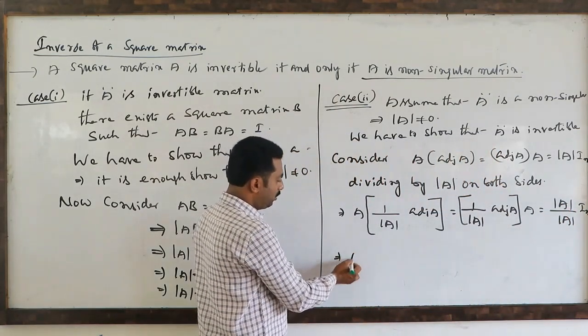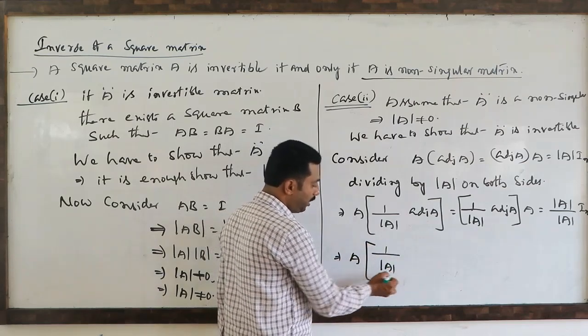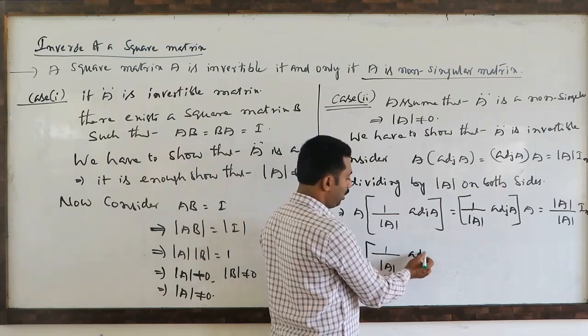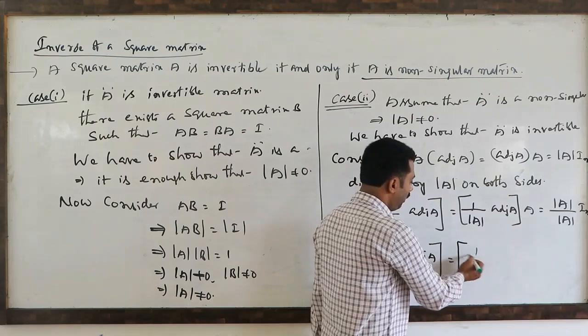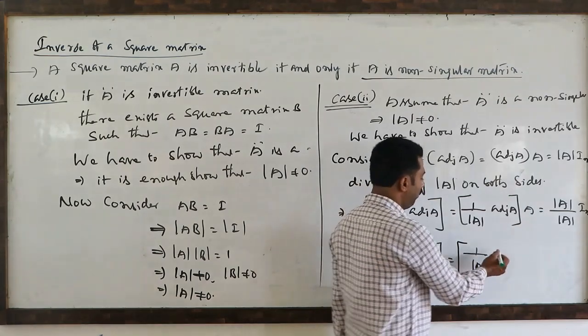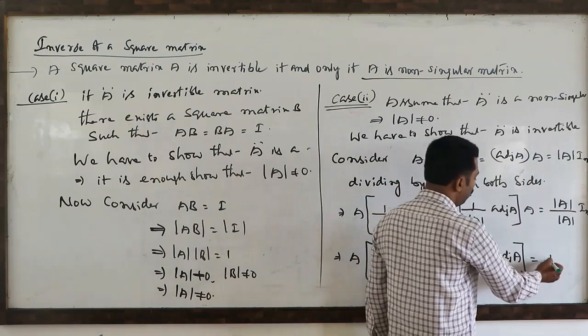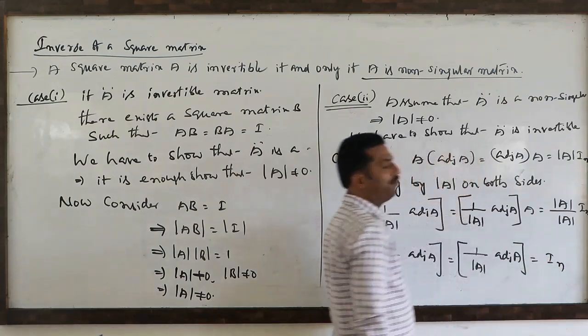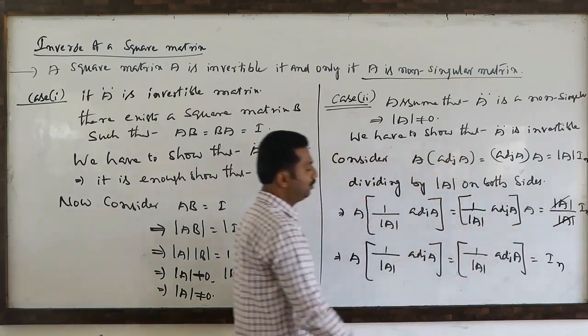So very clear, this is like one matrix B. So A into 1 divided by determinant of A into adjoint of A equal to identity matrix of order n, because determinant of A will cancel.